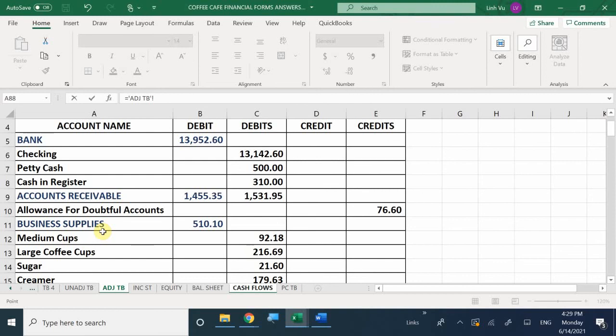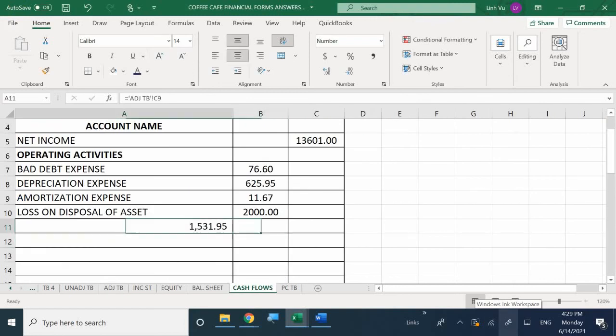$1,455.35. I want to subtract it from the amount of accounts receivable. Because in this case, did we actually receive this money? Is this money that we actually have for the company, or is this money that we don't have? No, we don't have it. So we need to understand it like this.